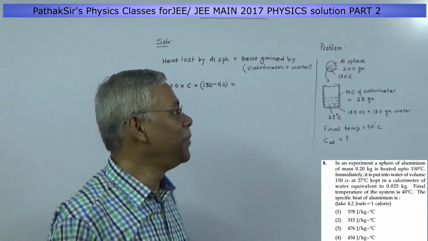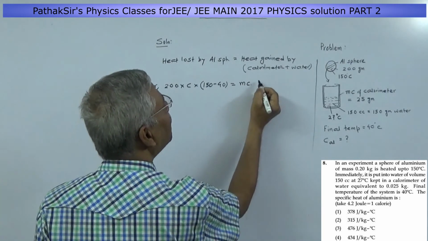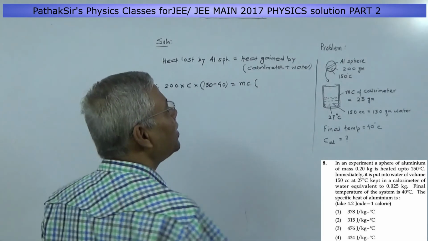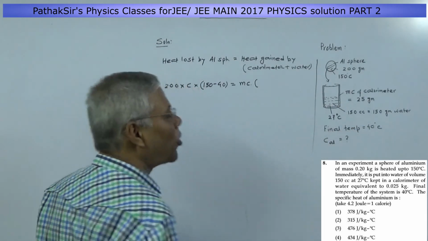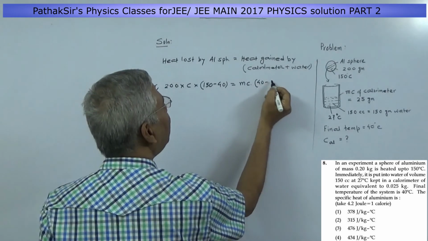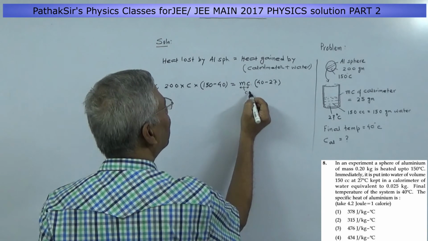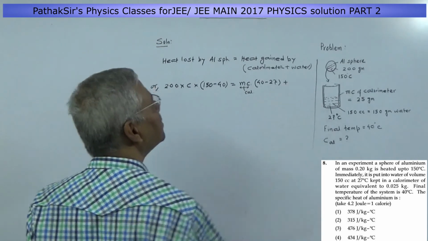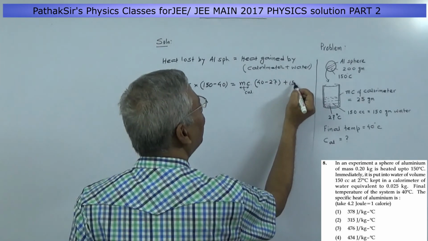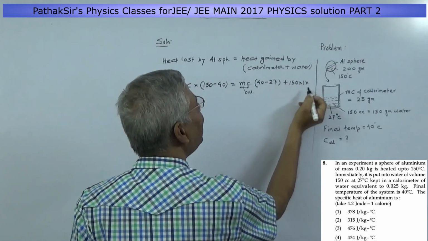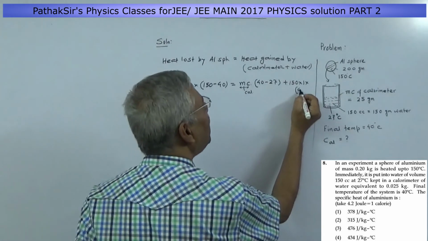Heat gained by the calorimeter, M into C of the calorimeter, and its temperature rises from 27 to 40, so 40 minus 27, plus heat gained by water. Mass of water is 150, we are using CGS, into change in temperature 40 minus 27.